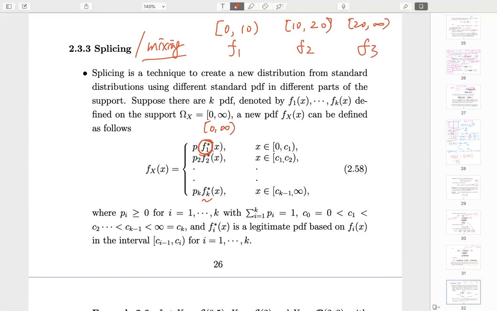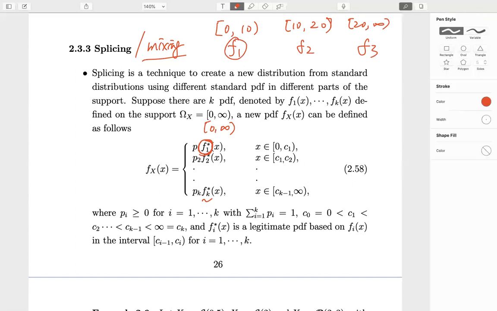Although F1 is defined for the entire 0 to infinity, I only use the portion from 0 to 10. The same F2 may be defined for 0 to infinity, but I only use the portion between 10 and 20. Same for F3.